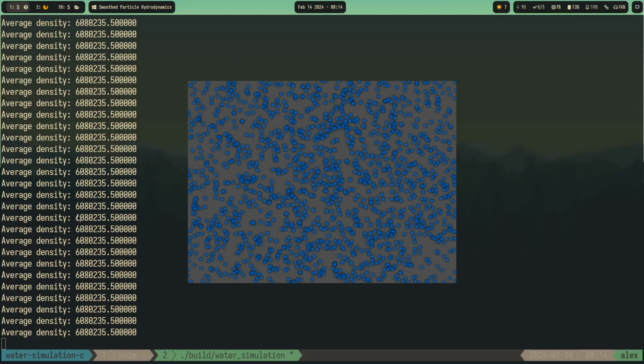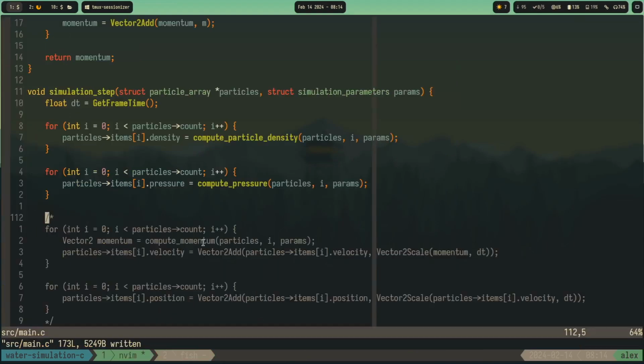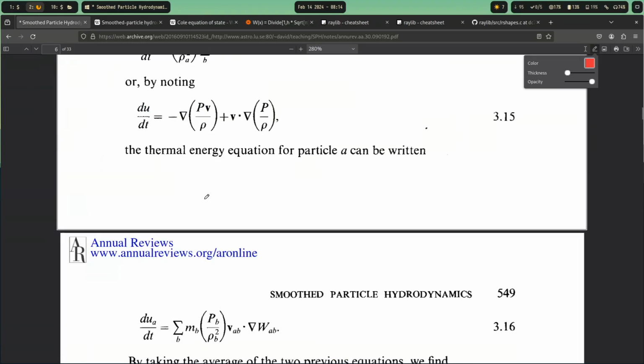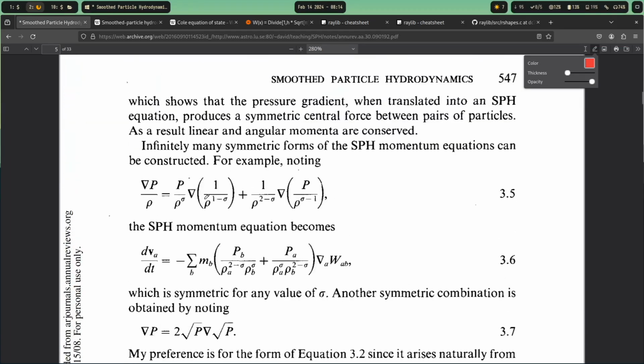No, 6 million. Yeah, it's 6 million. So it basically exploded.